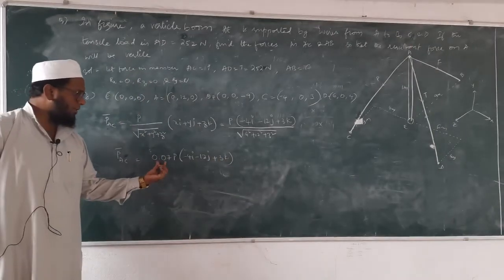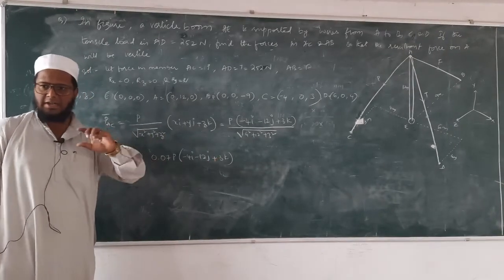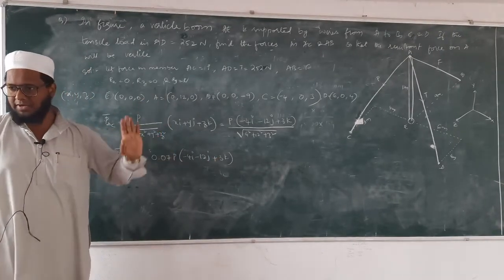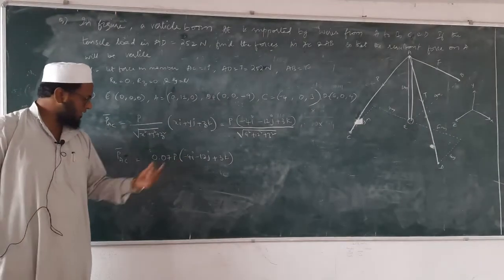Now, can I multiply this 0.07 P into each of these values so that I can get one complete vector, xi plus yj plus zk? Yes, multiply this one and tell me.